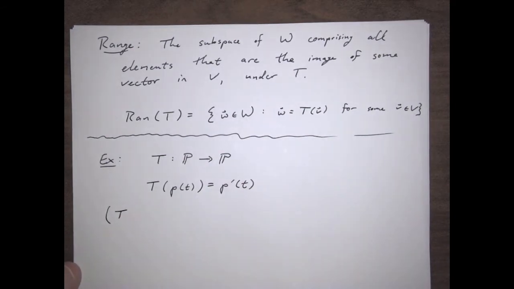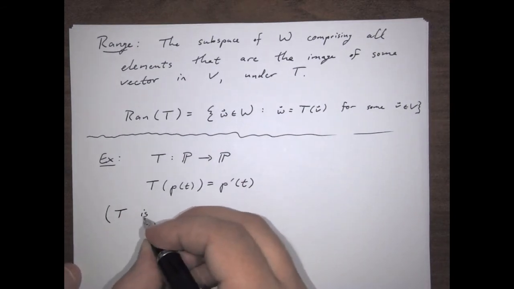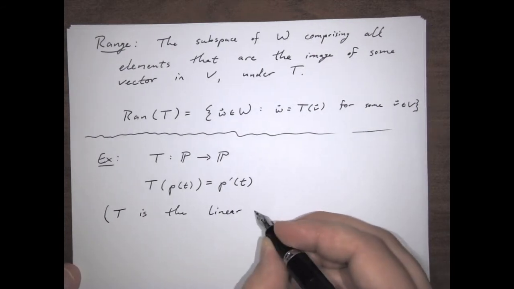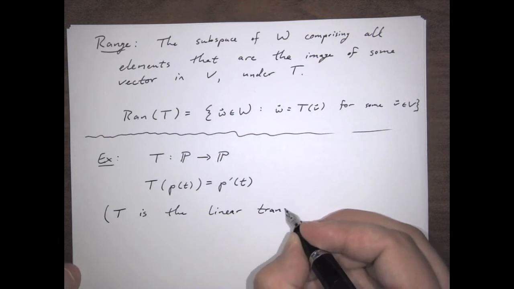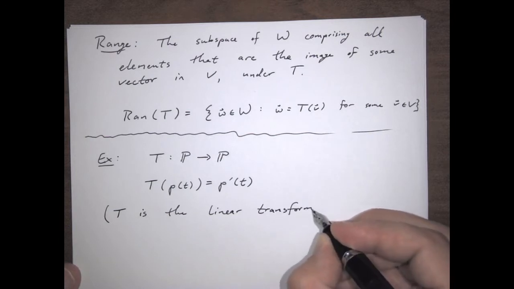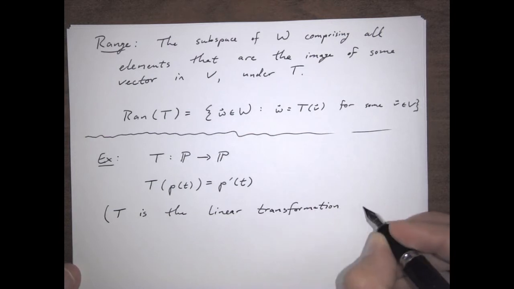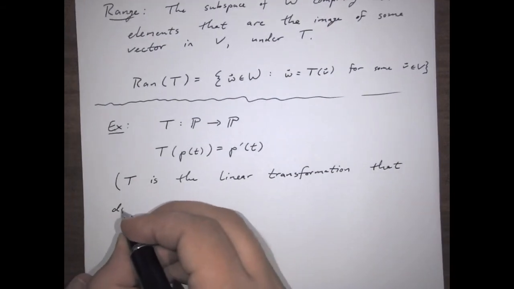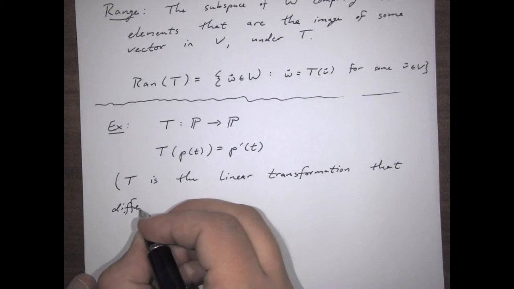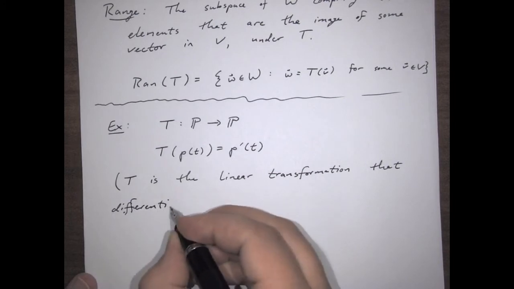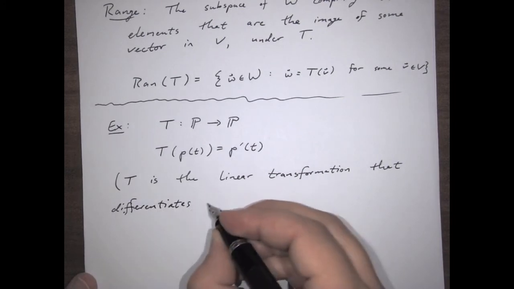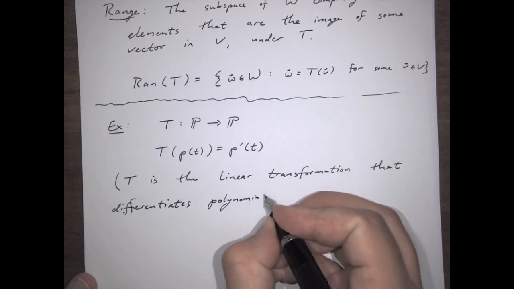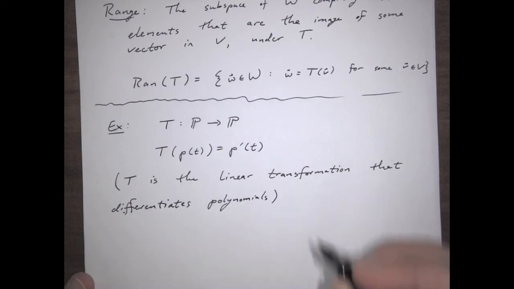Just to describe this in words, T is the linear transformation that differentiates polynomials.